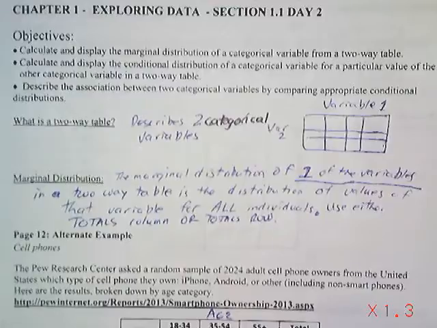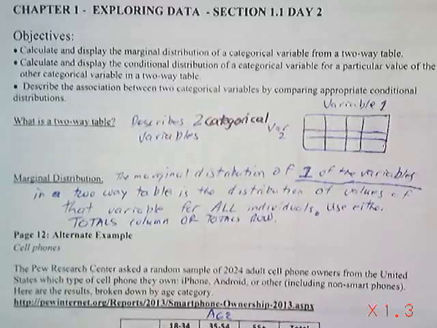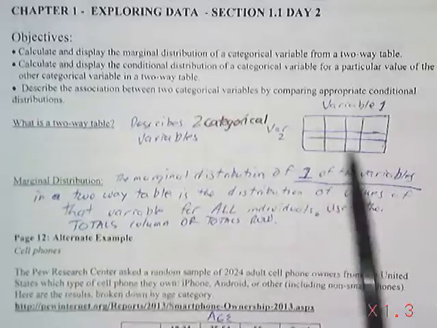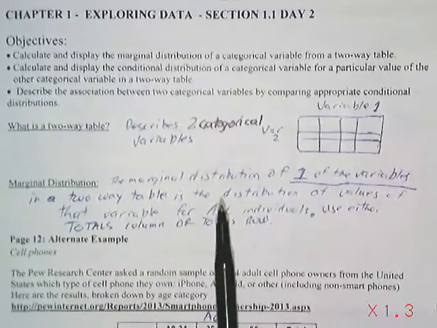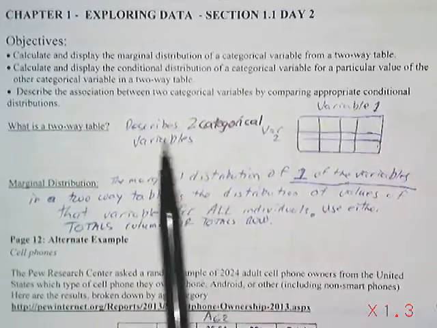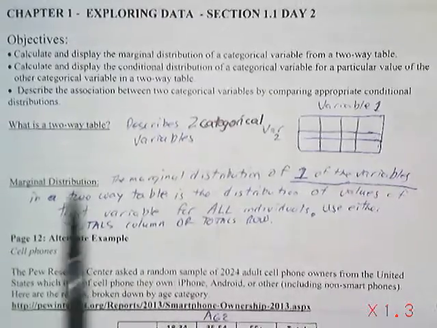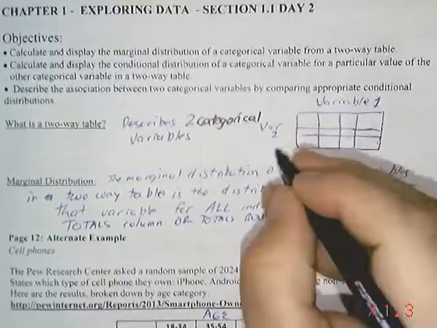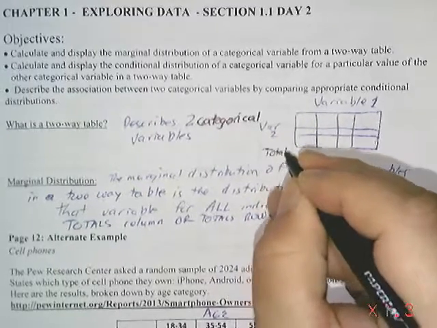We might have a totals row down here that gives the totals for variable 1. If we wanted a marginal distribution for variable 1, we would use the totals row. Over here we might have a totals column. If we wanted a marginal distribution for variable 2, we would use the totals column. Marginal distribution always uses the totals. Okay? So let's see this example.